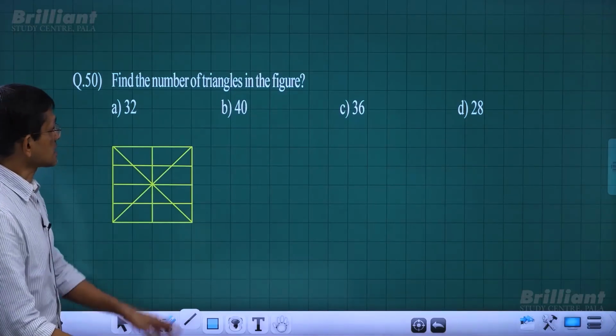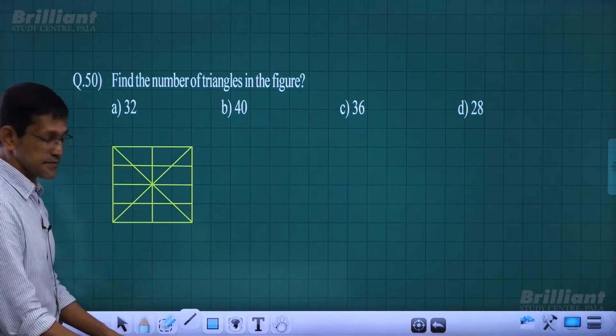Question, how many triangles are here? How many triangles? Look at this, how many triangles?